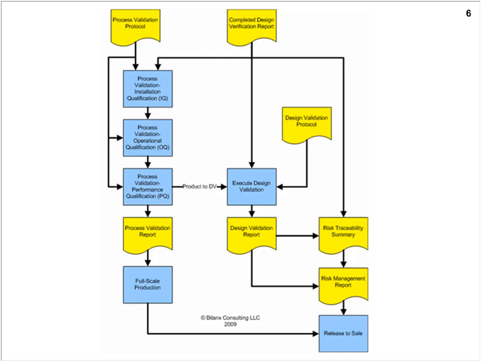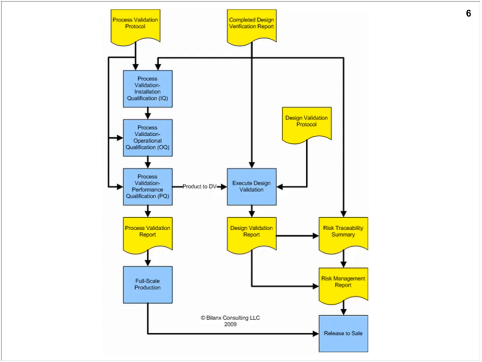So we would take product from the PQ phase and take that together with our completed design verification report and the design verification protocol, and we'll execute our design validation step. That is the step that shows that the product does meet the user needs.